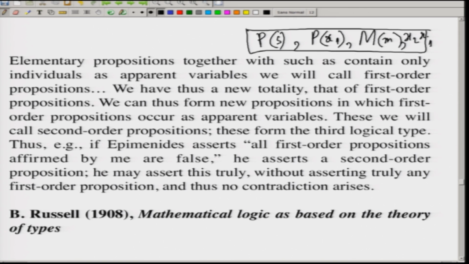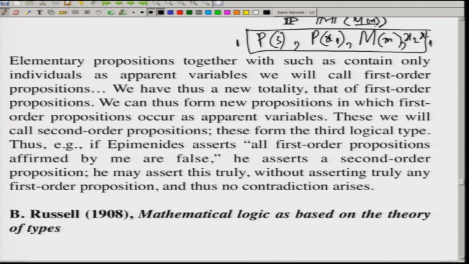Now, what is the secondary proposition? If these are level 1, the secondary proposition will be something like this very special P or this very special M, which will now talk about Mx, a primary proposition.